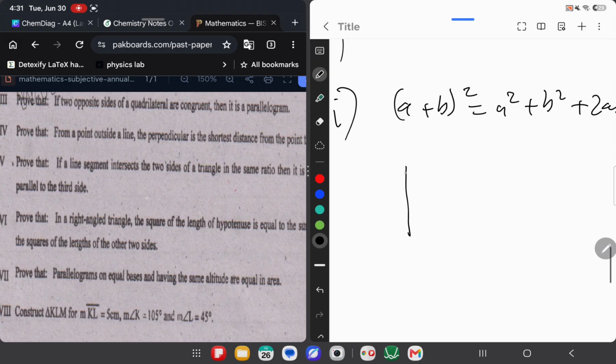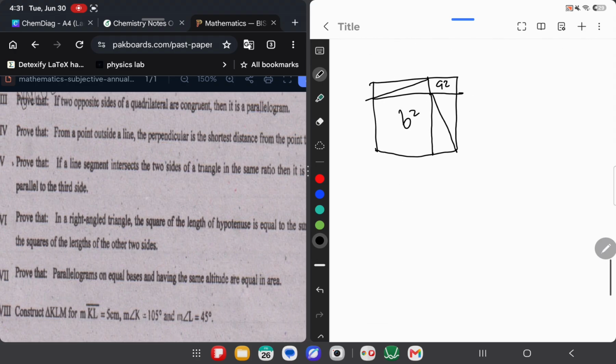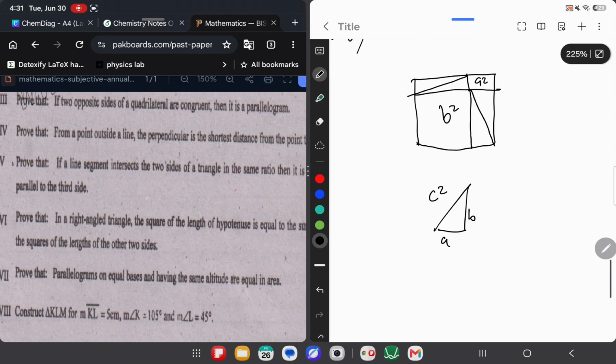That is this line segment over here, a squared, b squared. Now this is ab, 2ab. In a triangle we have c squared like so, a plus b. If we have this triangle, the triangle's area is what? Half ab.